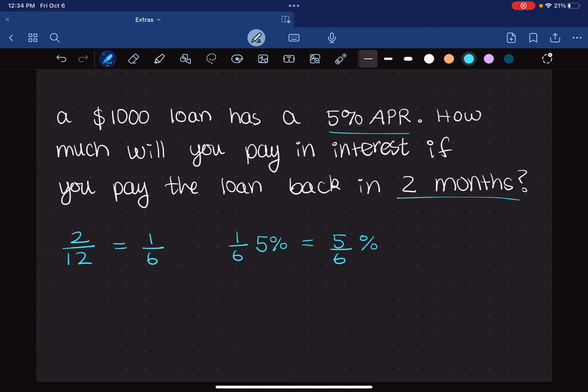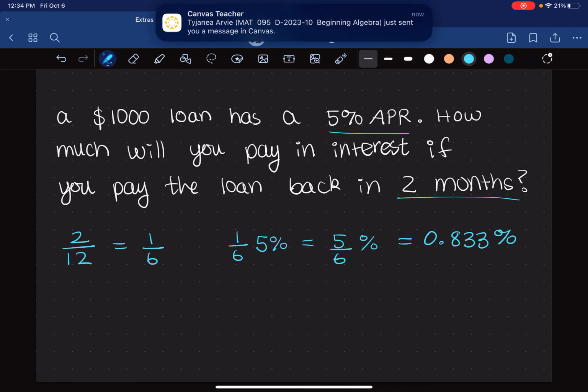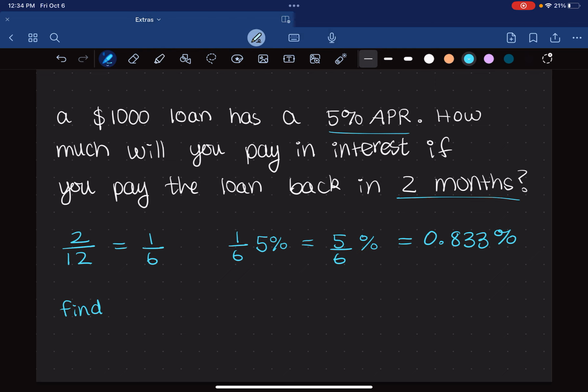So we're just going to take 1/6 of this 5% APR, which is going to give us 5/6% APR. And you can write 5/6 as a decimal if you like that better. So it's going to be about 0.833% is going to be our interest that's charged after 2 months. So we basically find 0.833% of this $1,000, and that's going to be our interest that's charged after 2 months.